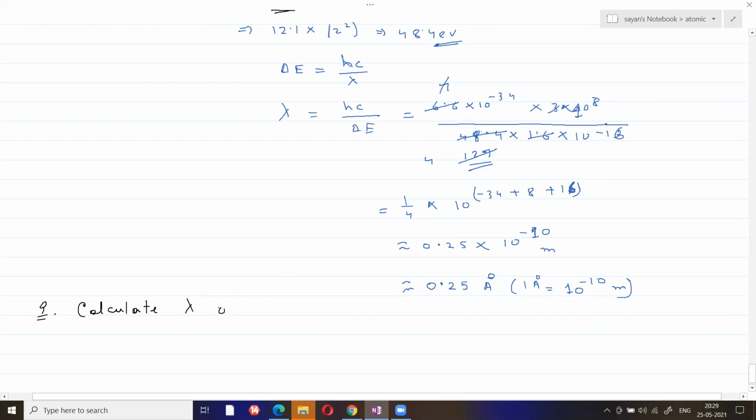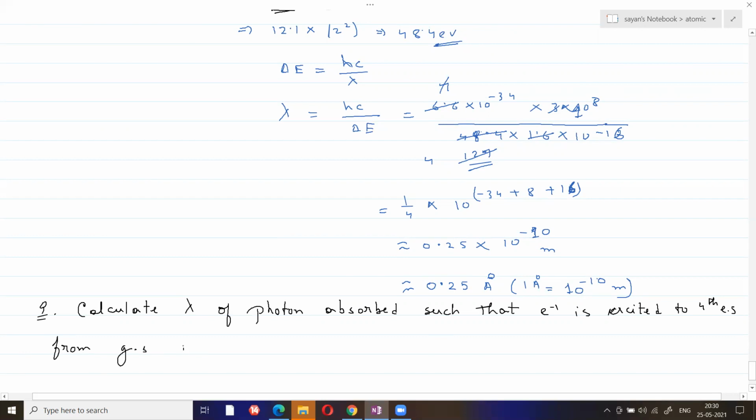Calculate lambda of the photon absorbed such that the electron is excited to the fourth excited state from the ground state in a hydrogen atom. Okay, solve this one quickly.